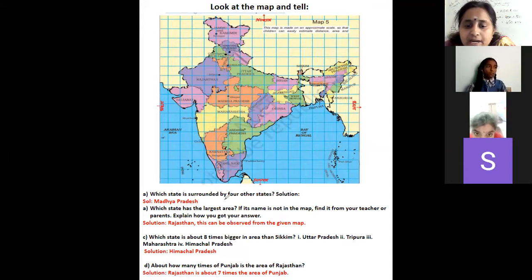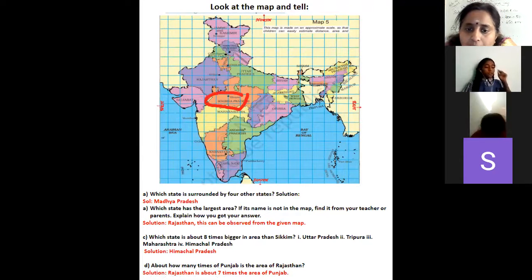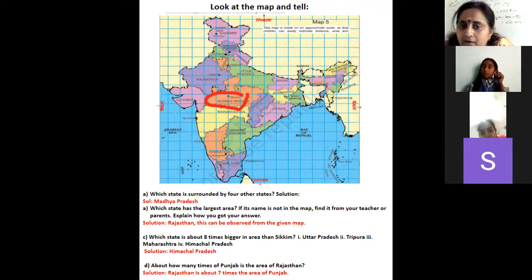Which state is surrounded by 4 other states? Madhya Pradesh. 1, 2, 3, 4. Madhya Pradesh is surrounded by 4 other states. Next, which state has the largest area?